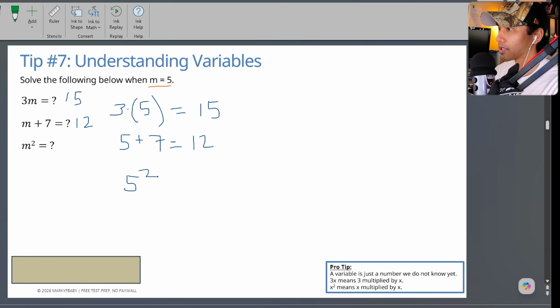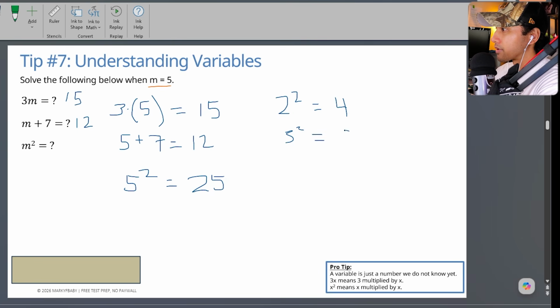Well, 5 squared equals, and we should know this, okay? This is basic math. You need to know these. This is 25. I don't know what they're called. I think they're called perfect squares or something. But you have 2 squared equals 4, 3 squared equals 9. Okay, you need to memorize these.